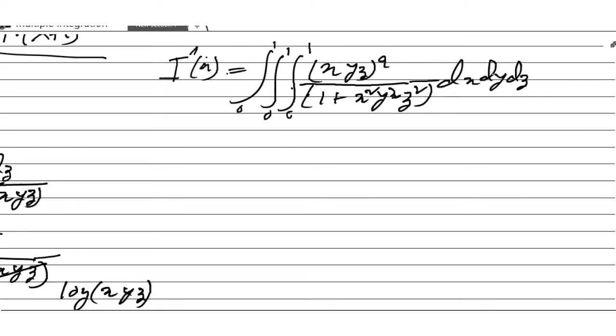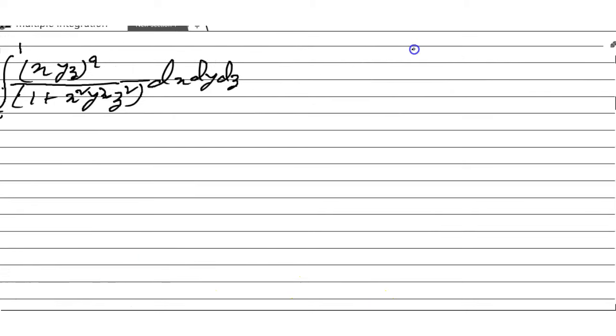Now there is the formula. Which formula? The formula is 1 by 1 plus x is equal to the summation, minus 1 to the power k, k equals 0, x to the power k.